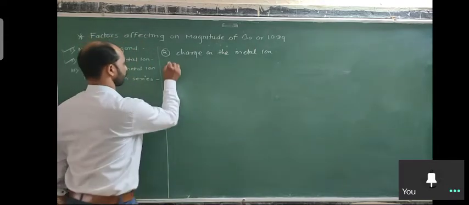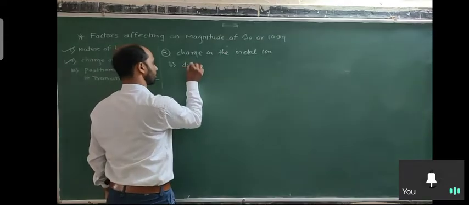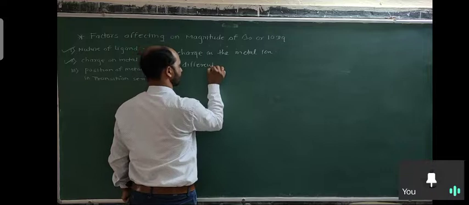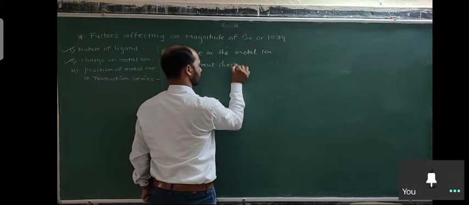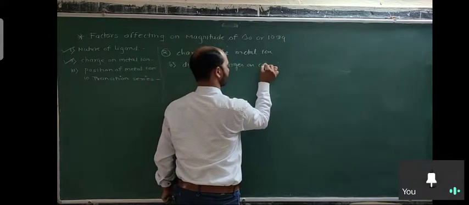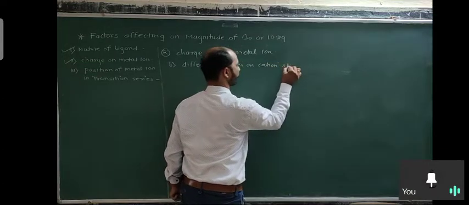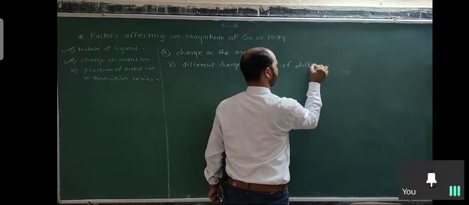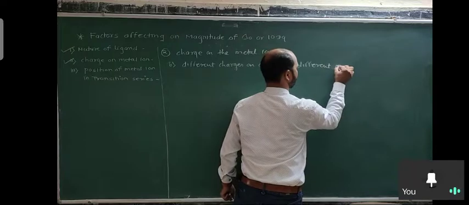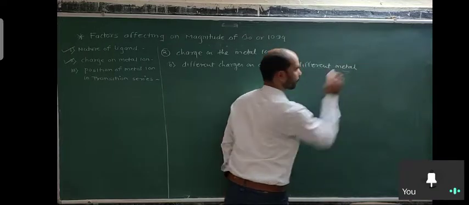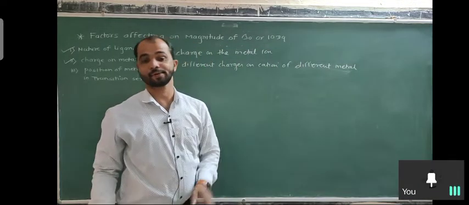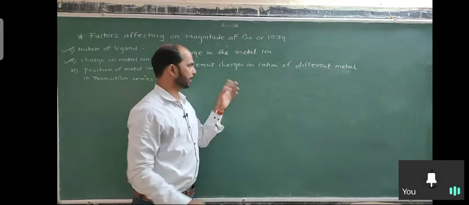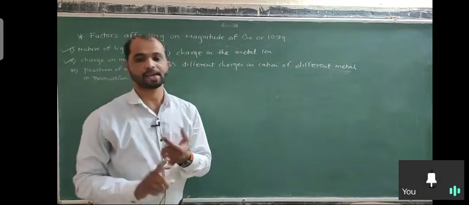So B is different charges on cations of different metals. In the first case the charges are different but the metal is the same, but here the charges are different and the metal is also different.